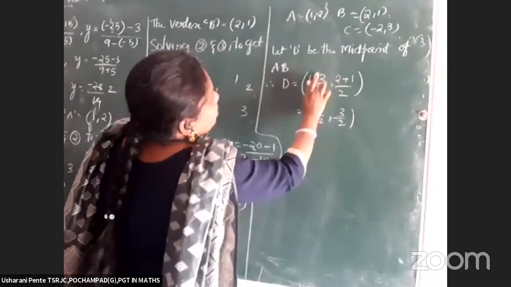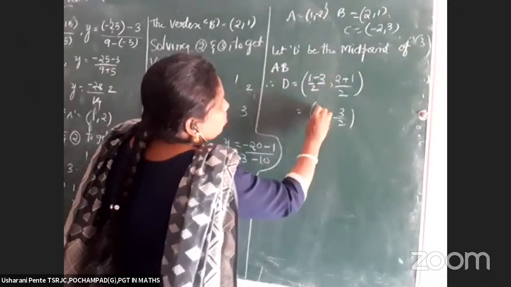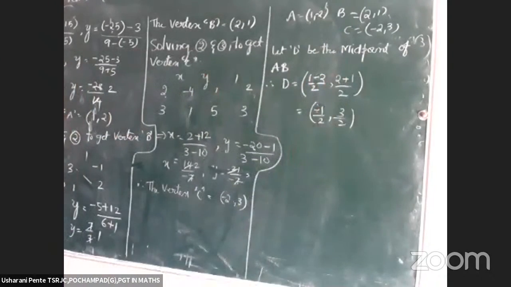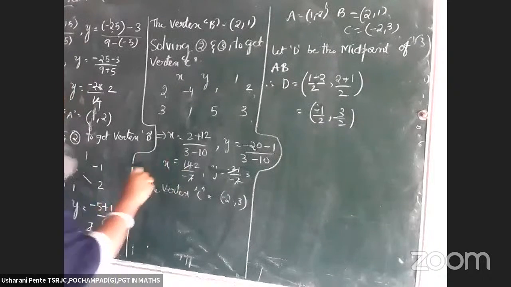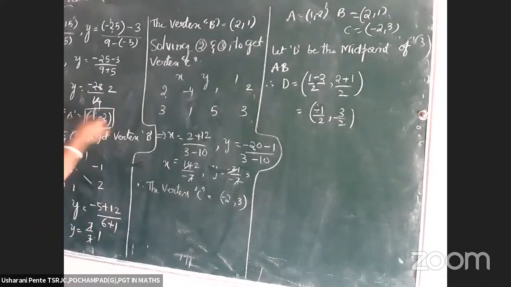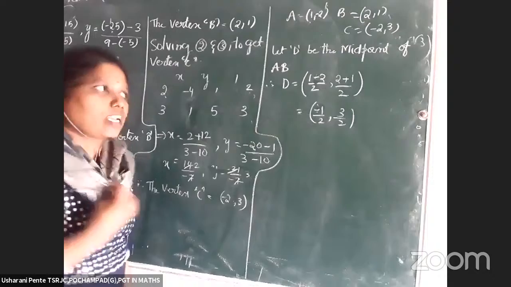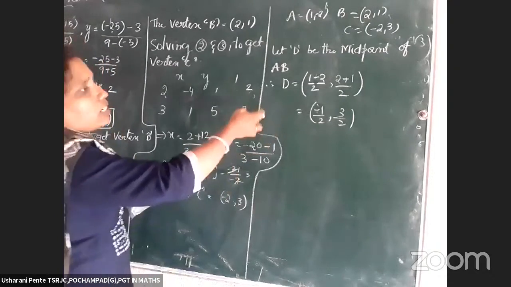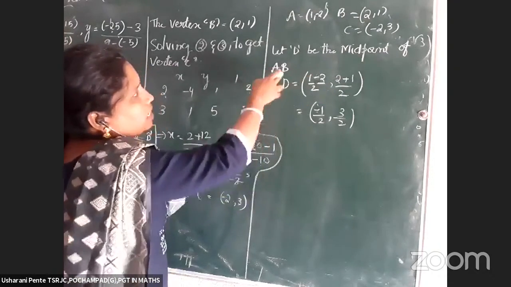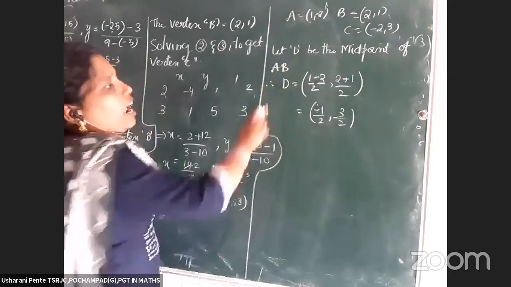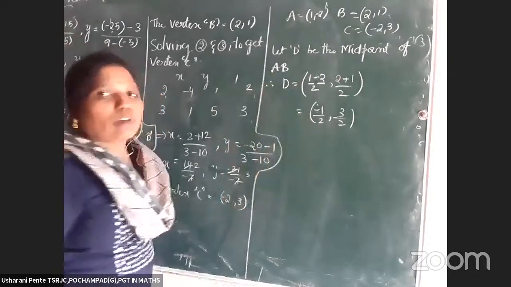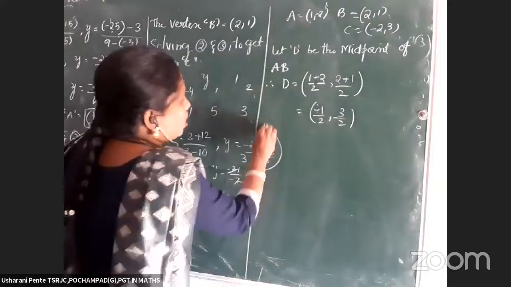So A is equal to, here we will get minus 1 by 2 comma 3 by 2. The vertex A is 1 comma minus 2. So we got D, the midpoint of AB, and D we got as minus 1 by 2 comma 3 by 2.